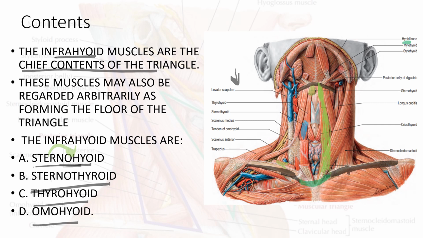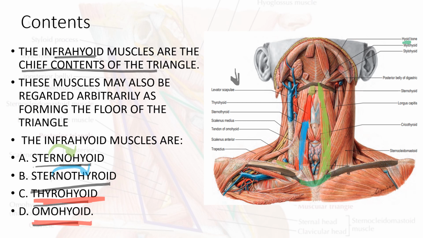This one is the thyroid cartilage ना. तो till the thyroid, sternum से thyroid तक sternothyroid. Sternum to thyroid. Next is from thyroid to hyoid. Thyroid to hyoid is thyrohyoid, and omohyoid.